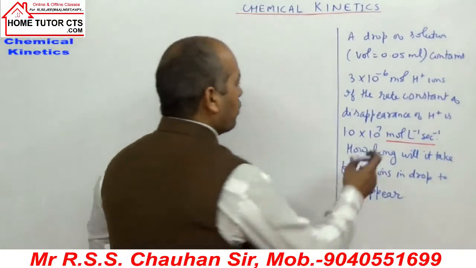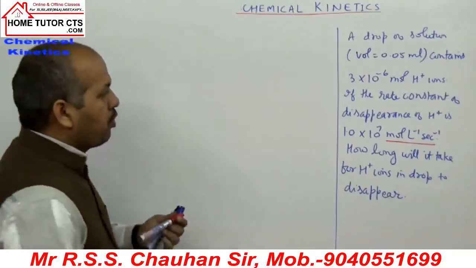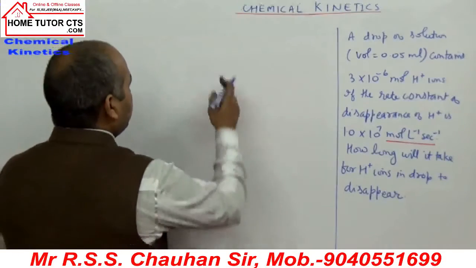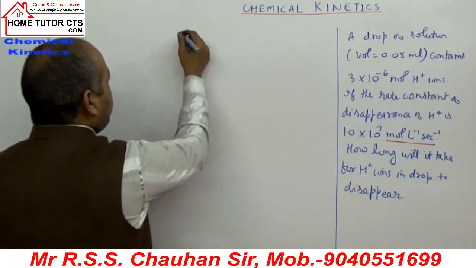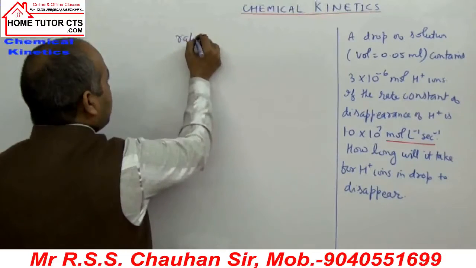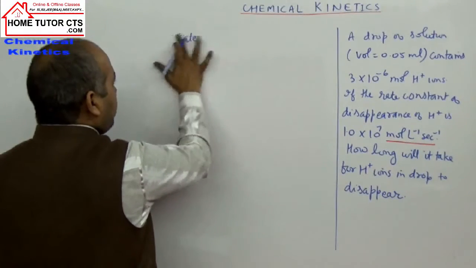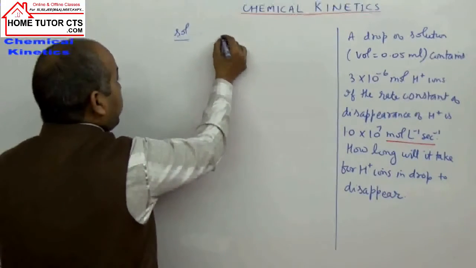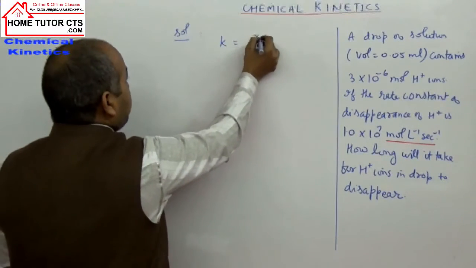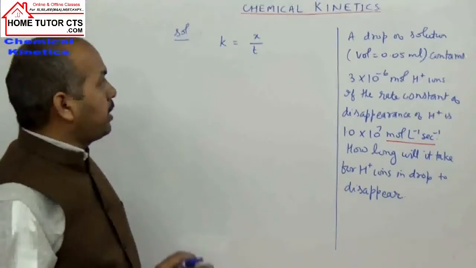So when the units of rate and rate constant are equal, this is indicative of a zero order reaction. For a zero order reaction, the expression for the rate constant was x upon t, where x is the amount of the reactant consumed.